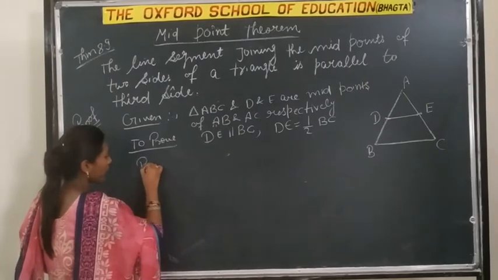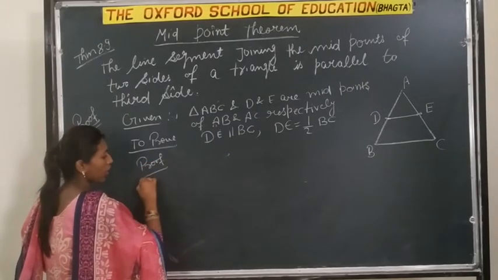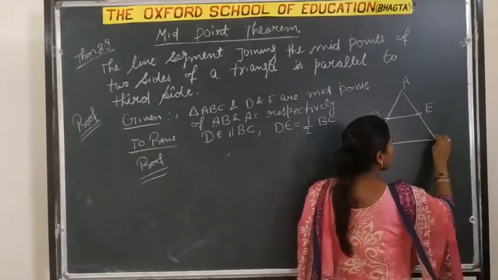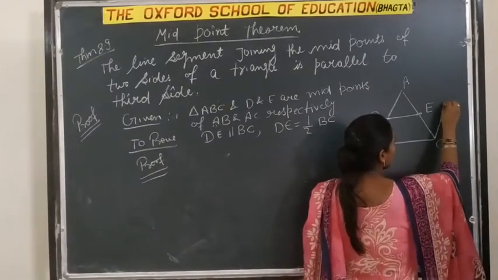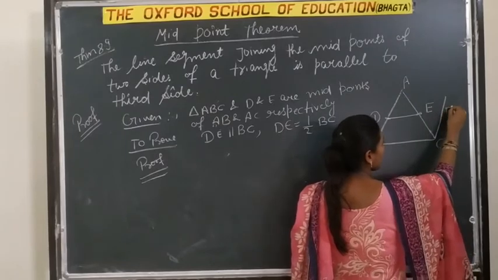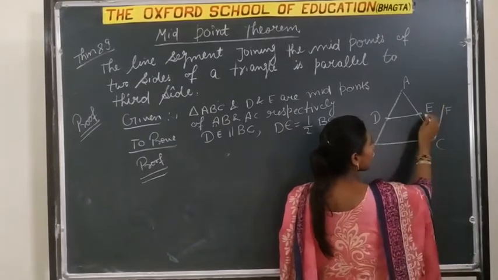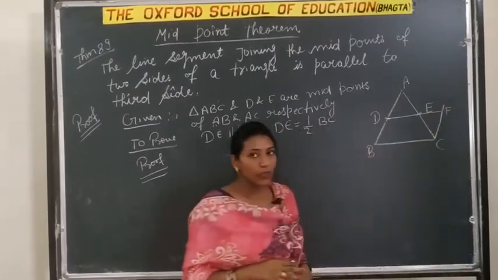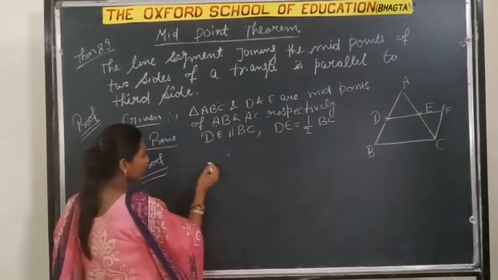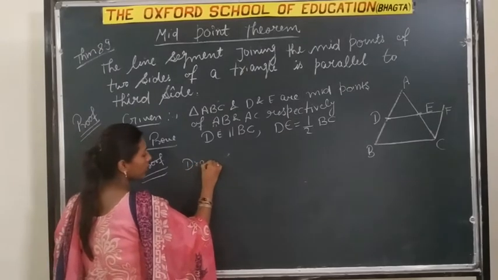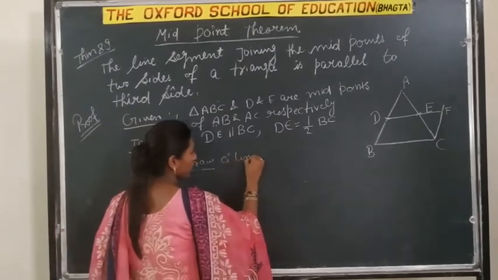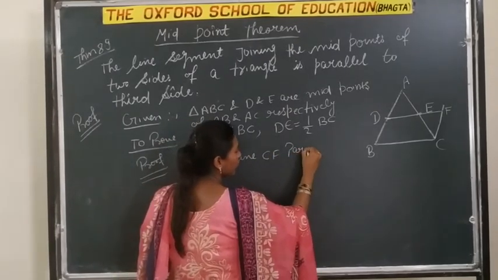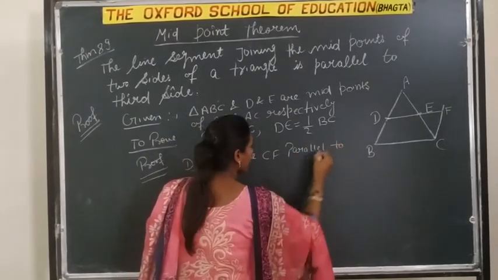Proof: first of all we will construct a line CF meeting DE at F, such that CF is parallel to BD.